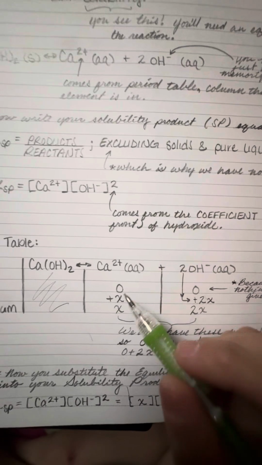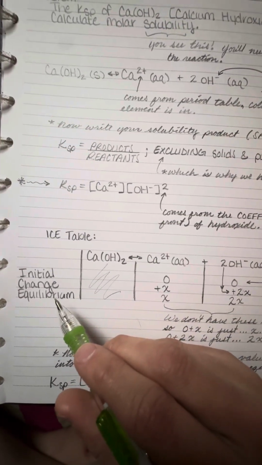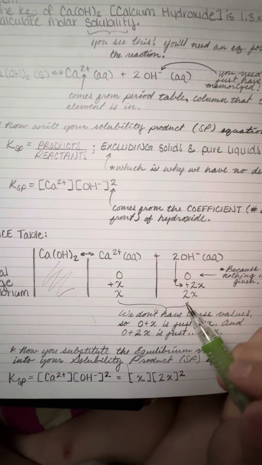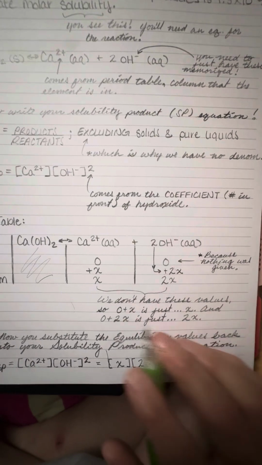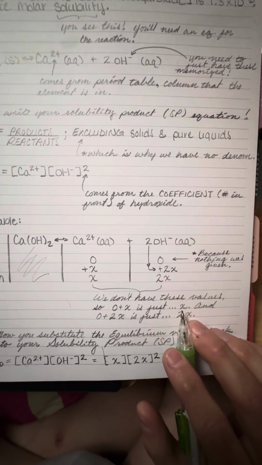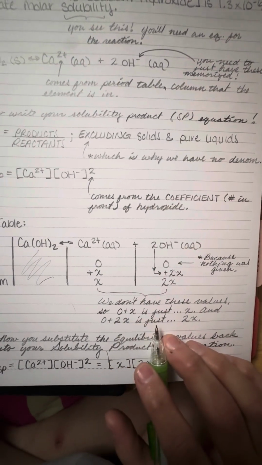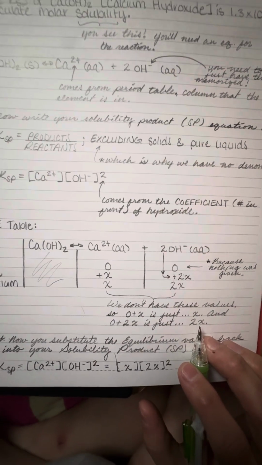We were given no equilibrium value for these, so 0 plus x is just x, and 0 plus 2x is just 2x. Plain and simple.